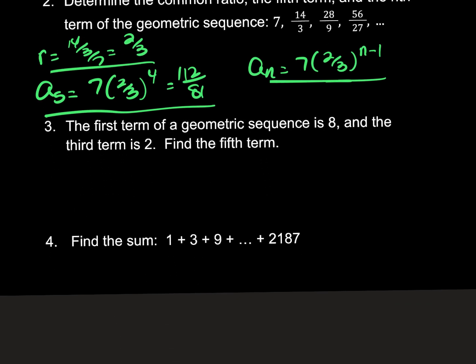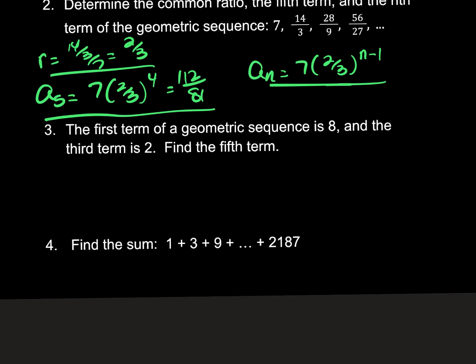Number three, these are the ones we did this week, where it's like, do the math, use what they give you, and do something. It says the first term is 8, which is awesome, and the third term is 2. Find the fifth term. Okay, so if I know the third term is 2, remember this from this week, the third term is the first term times r squared. So that's what they gave me. I'm going to say the third term is 2, the first term is 8, times r squared.